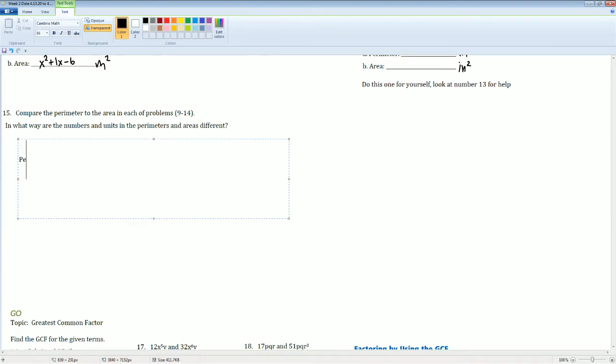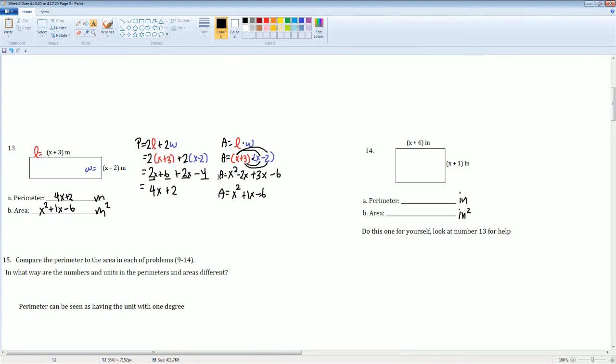Well, the perimeter can be seen as having 1 degree, that is, the unit is a unit with 1 degree, right? So do you see how all perimeters are all first degrees?